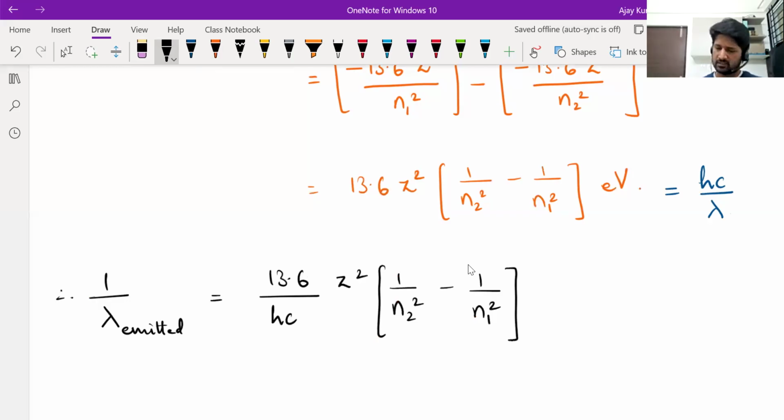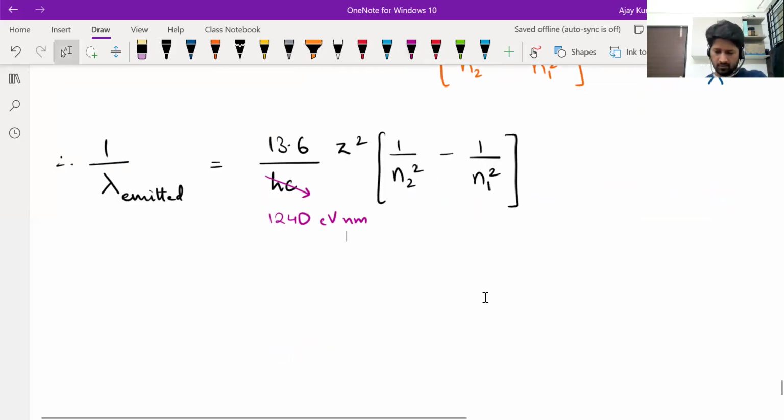And last chapter we discussed that hc in electron volt nanometer is around 1240 nanometer.